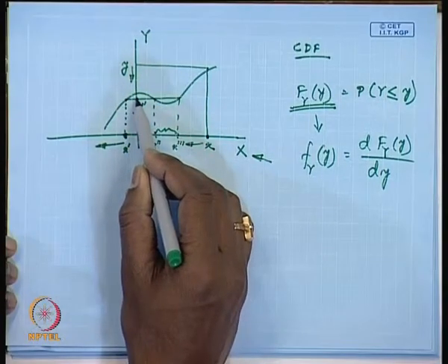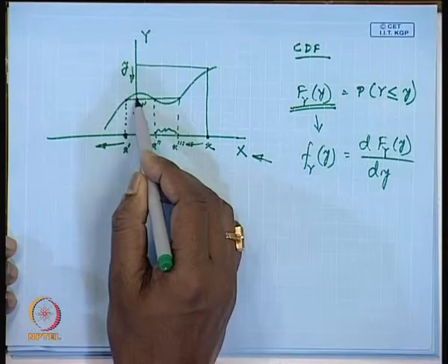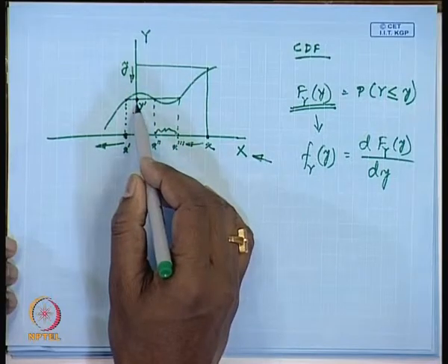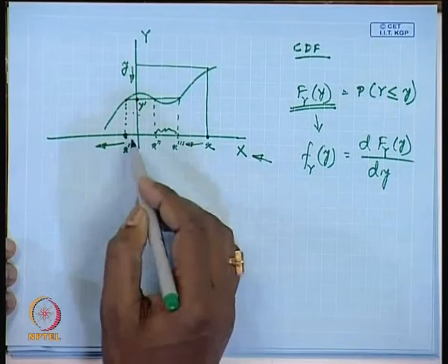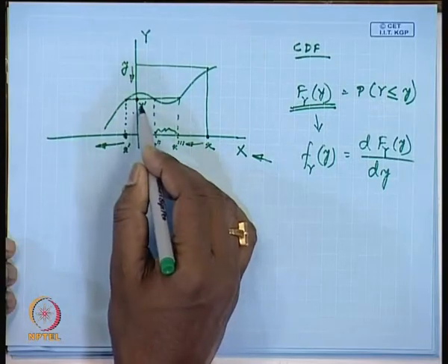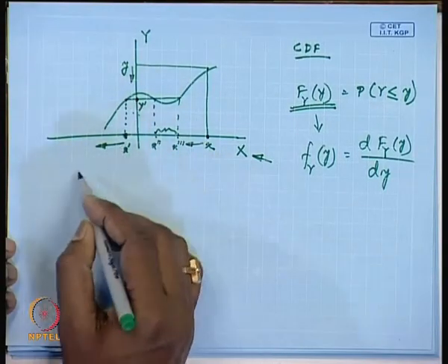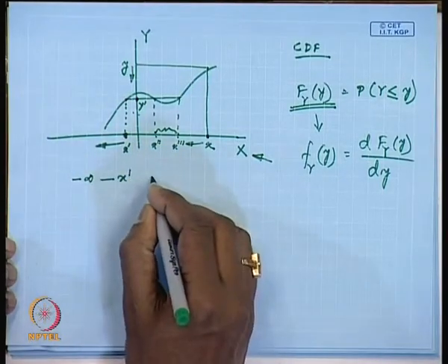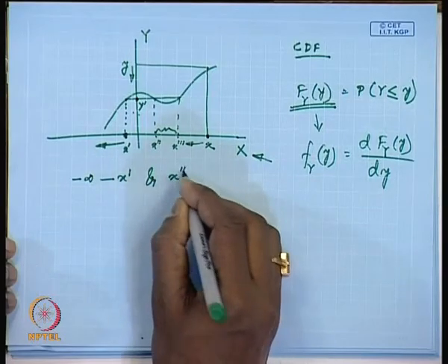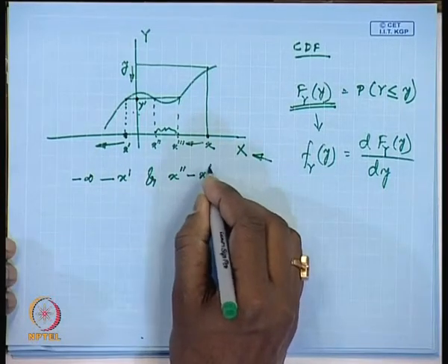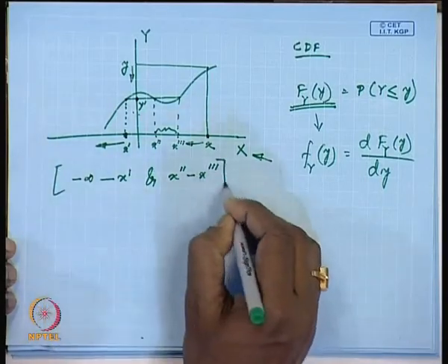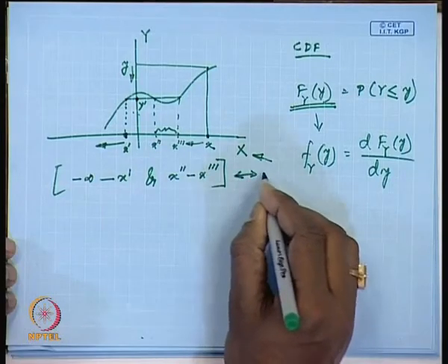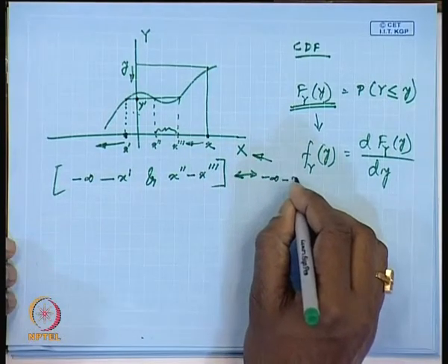For a specific value of the random variable Y, I have to first identify the set of x that corresponds to that specific value of y. For this y prime, that set is from minus infinity to x prime and x double prime to x prime. So, this is the full set of x which corresponds to minus infinity to y prime.